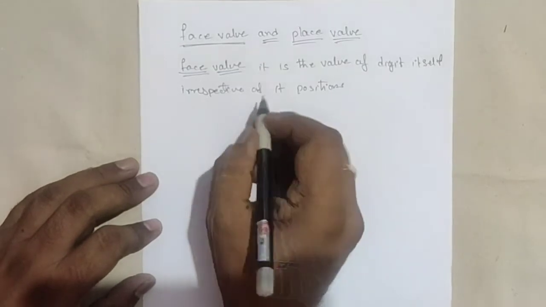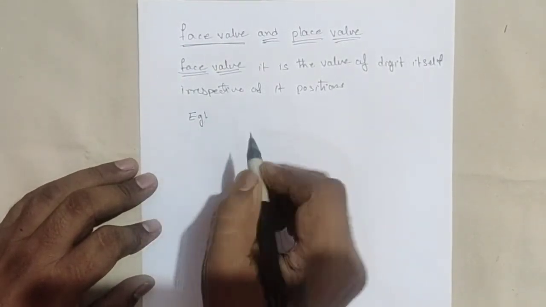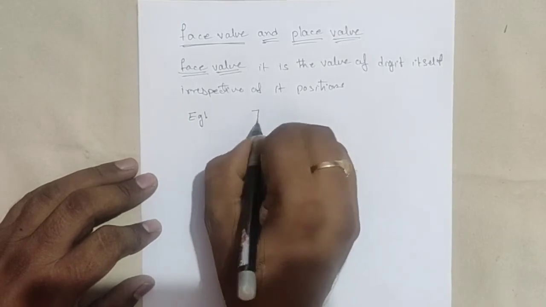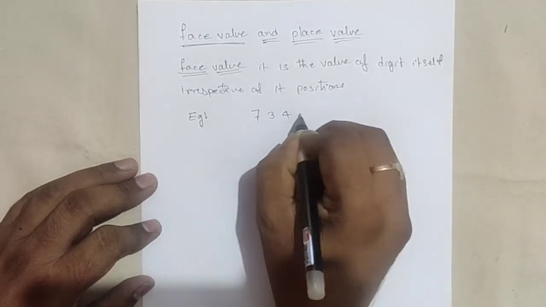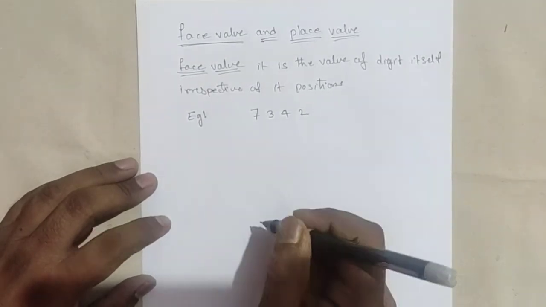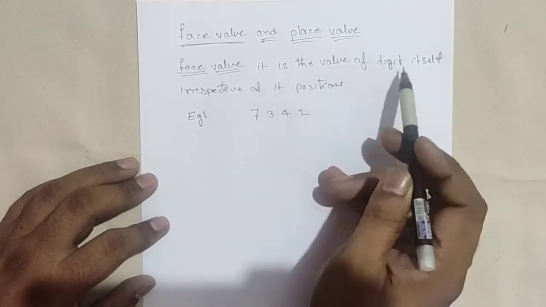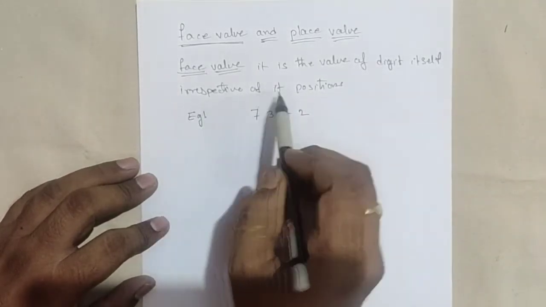For example, if a number is given, let's take one number, 7342. So what is the face value? It is the value of the digit itself irrespective of its position.